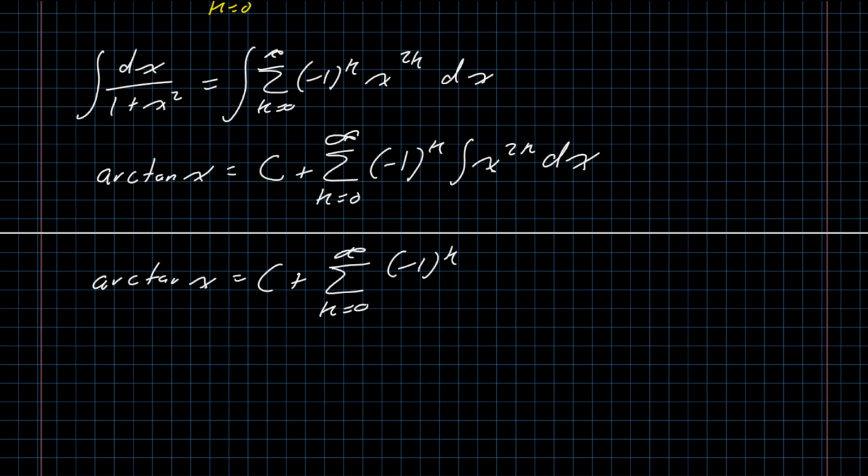The integral of x to the 2k is going to be x to the 2k plus 1 divided by 2k plus 1. And all of a sudden, we've derived a formula for arctangent. Although I guess we still have this c to worry about.